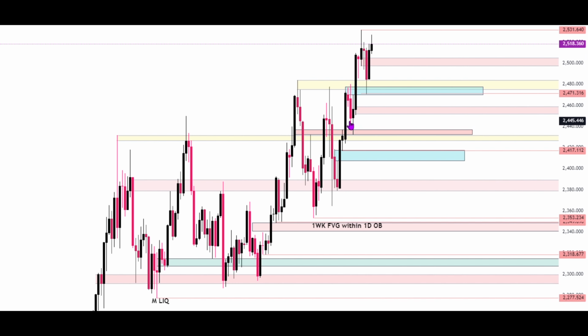Then we could say that gold is bullish. But I do not only use the fair value gap to determine the direction of gold. I consider a lot of information: liquidity, supply and demand, like I said earlier on.